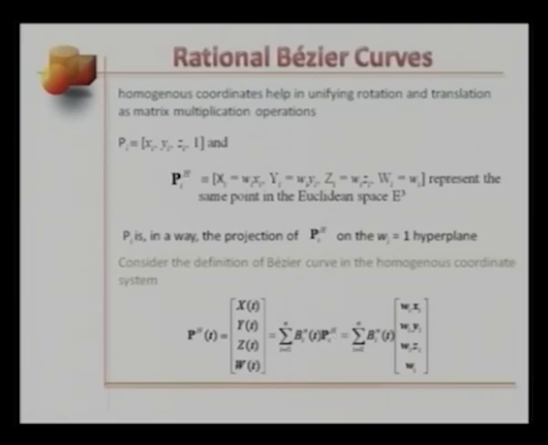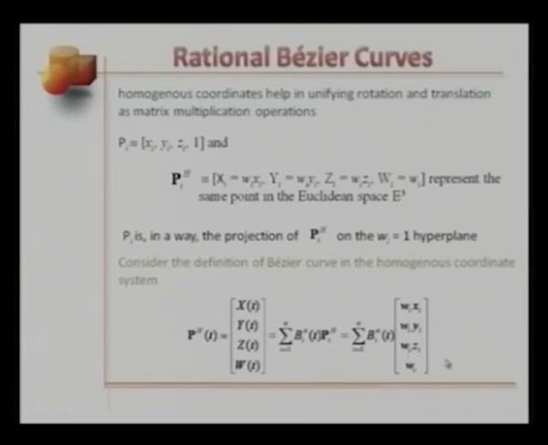In the Bezier segments that we have seen before, we have been specifying only Cartesian coordinates xi, yi, and zi. Here we specify the homogeneous coordinates, which are given by wi times xi, wi times yi, wi times zi, and wi.